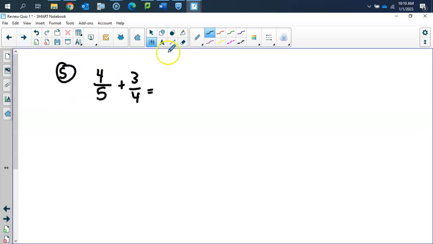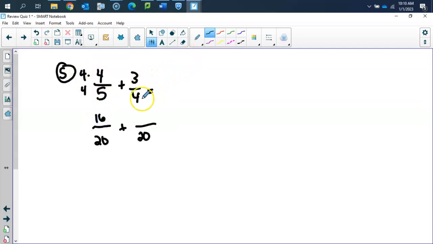All right, here we go. 4/5 plus 3/4. Go. All right, well, this is an addition problem, so we need to have a common denominator. What number does 5 and 4 both divide into? It divides into 20. So our common denominator is going to be 20. I need to multiply my first fraction by 4/4, which will give me 16 20ths.